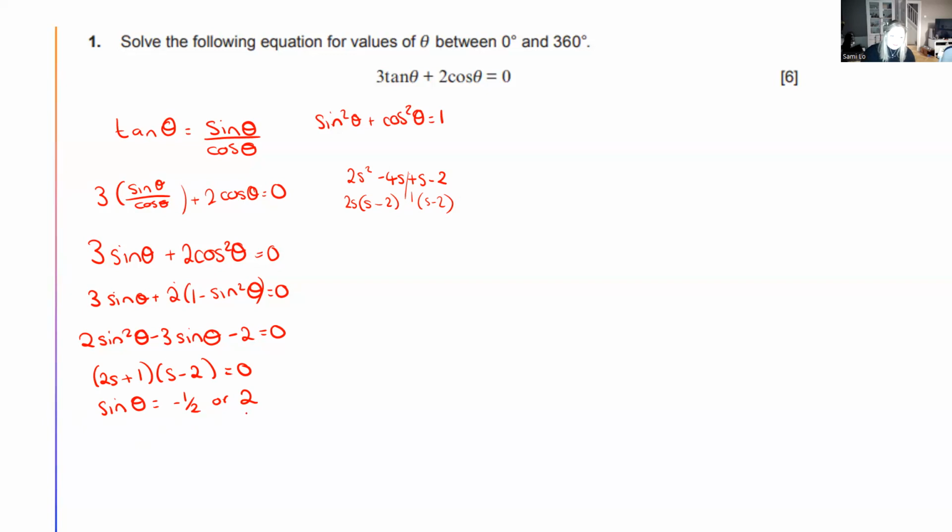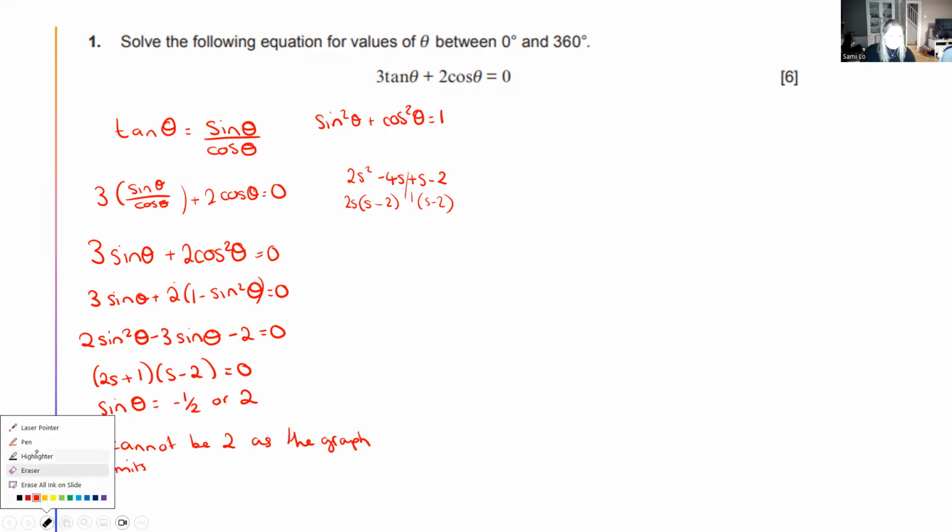So straight away, we can say sine theta cannot be 2, as the graph has limits.